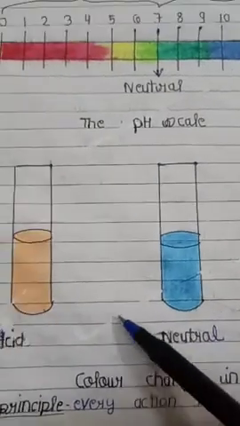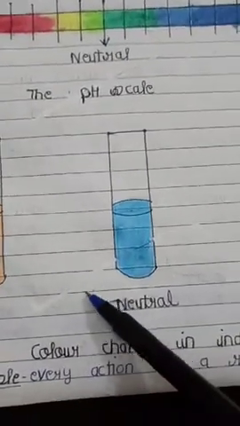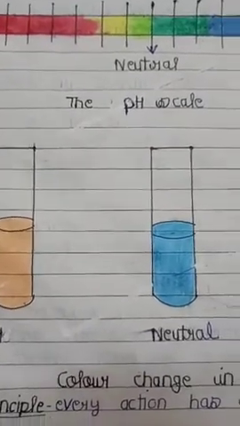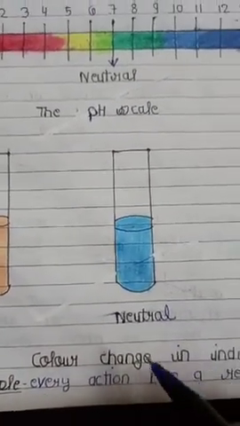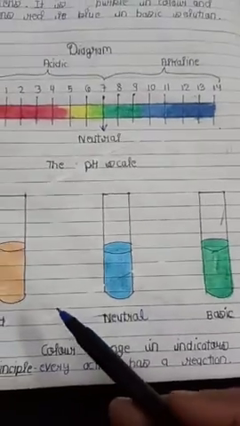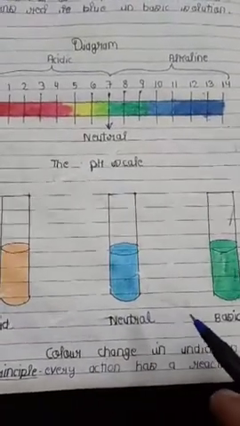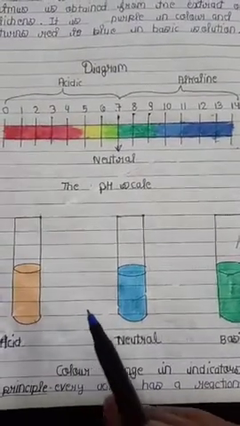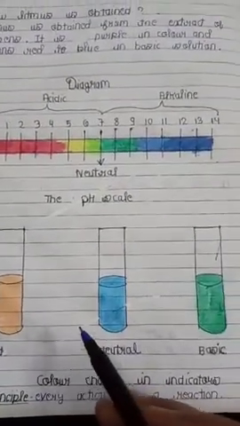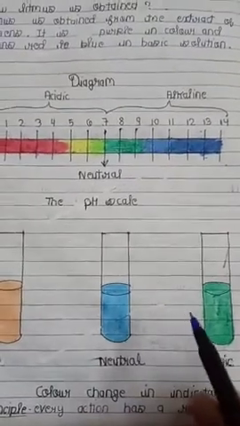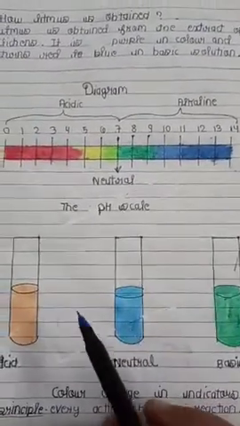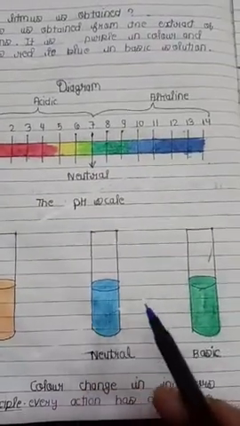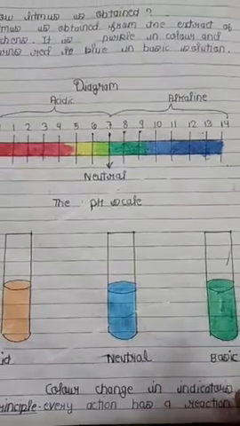When we use natural indicators, you can draw accordingly in your book, these diagrams are given. In case of China rose, you can fill the color according to China rose, and if you use turmeric, then you can use the color according to turmeric.